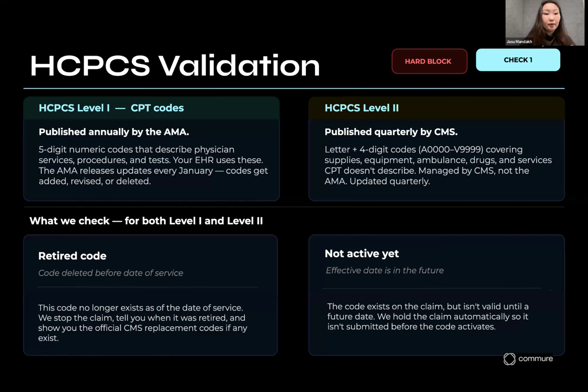Or sometimes AMA will release the CPT codes around October, effective January 1st. If you use one earlier, we'll also flag it to you, so you don't have to keep track of all of these quarterly and annual updates. You will be flagged with a submission error. These are hard blocks because these just won't be accepted, as they are retired codes or not yet effective codes.